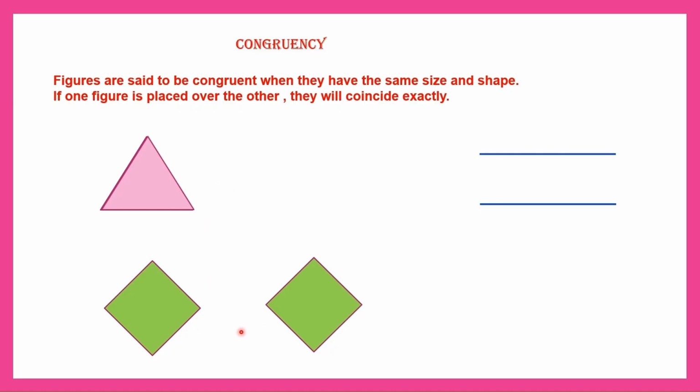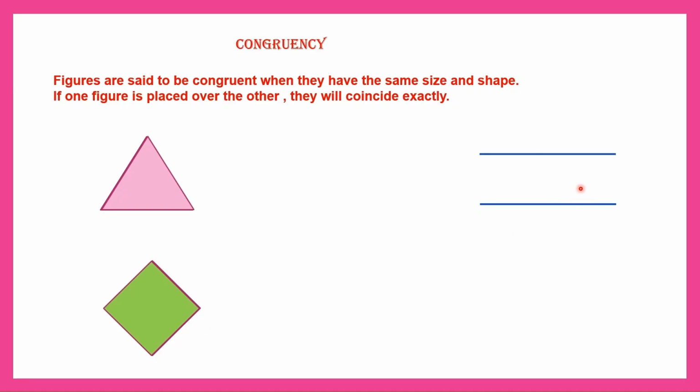Now let's take another example. Look at these two shapes. They are the same size, same shape. Now let's see if they coincide when they are placed over each other. So here also, as you can see, they are coinciding exactly. That means those two shapes are congruent.